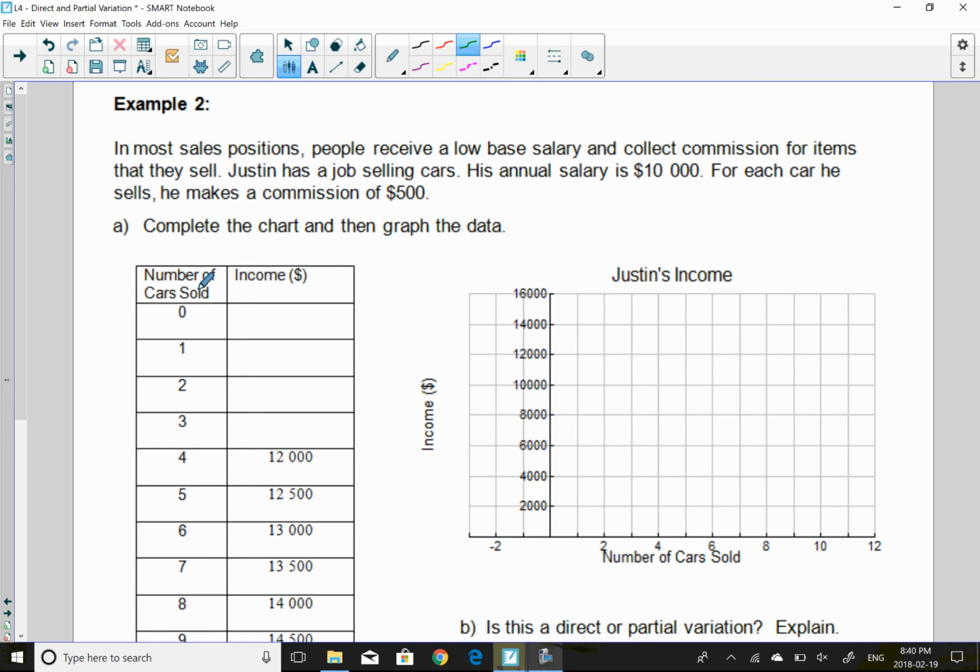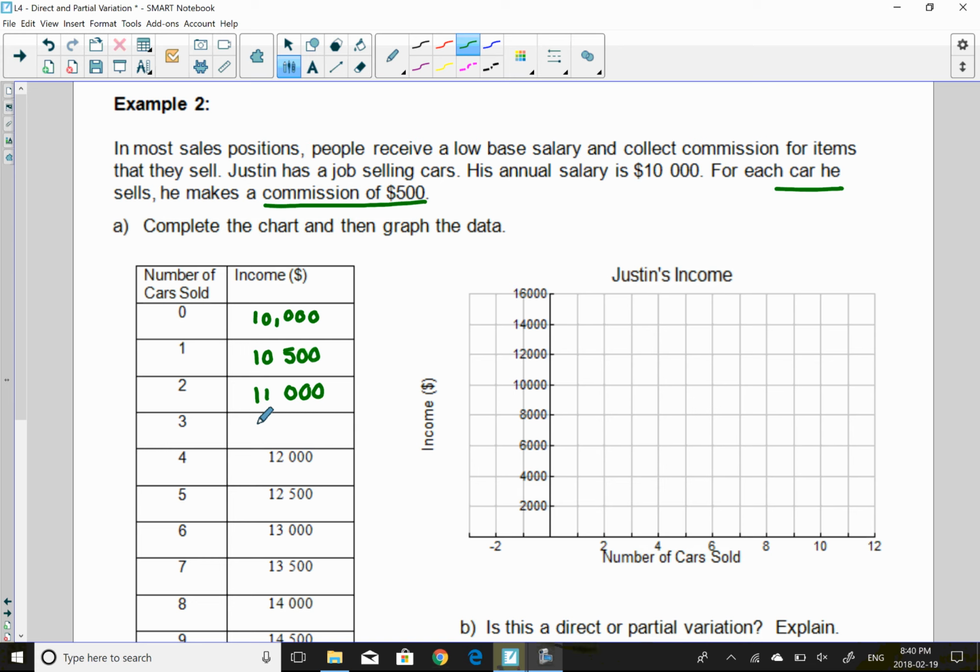So if you look here, if he sells 0 cars, he makes $10,000. Every time he sells a car, he's going to make 500. So that means here he's going to make 10,500. Another car, he's going to add another 500.